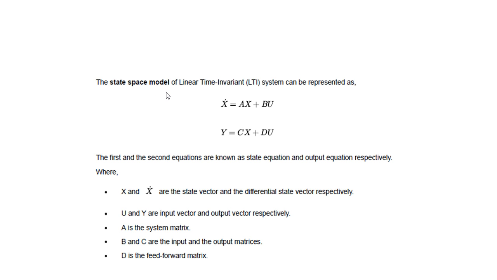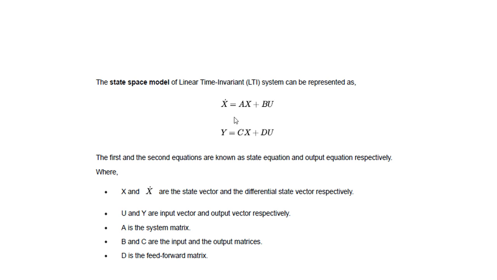The state space model of a linear time invariant, or LTI, system can be represented as x dot = Ax + Bu and y = Cx + Du. The first equation is known as the state equation, and the second equation is known as the output equation.